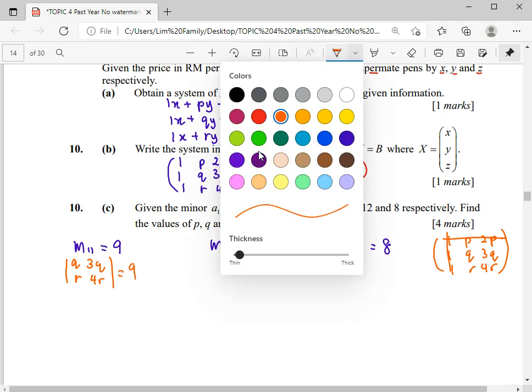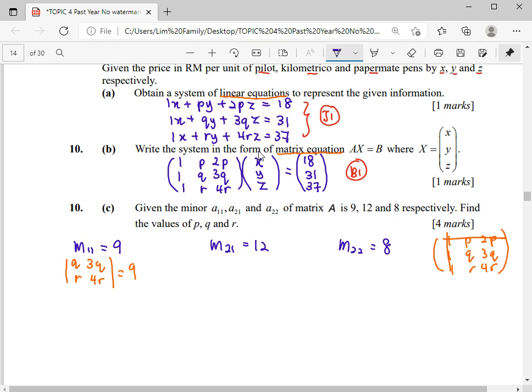Then for minor 2,1 we cancel row 2, column 1, which gives the remaining P, 2P, R, 4R equals 12. Then for minor 2,2 the remaining is 1, 2P, 1, 4R.